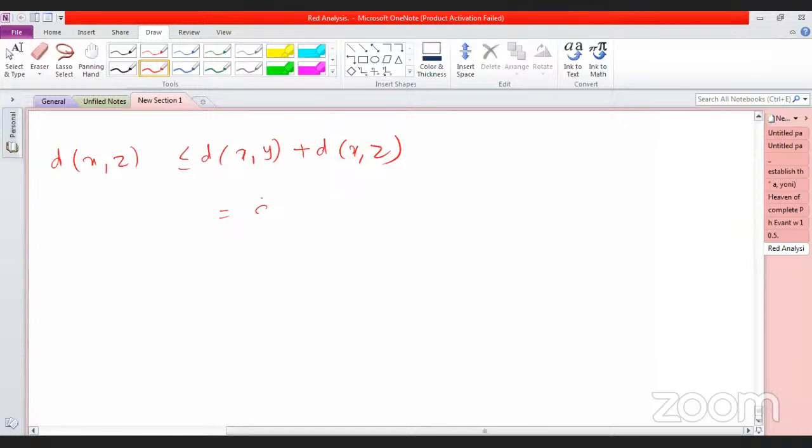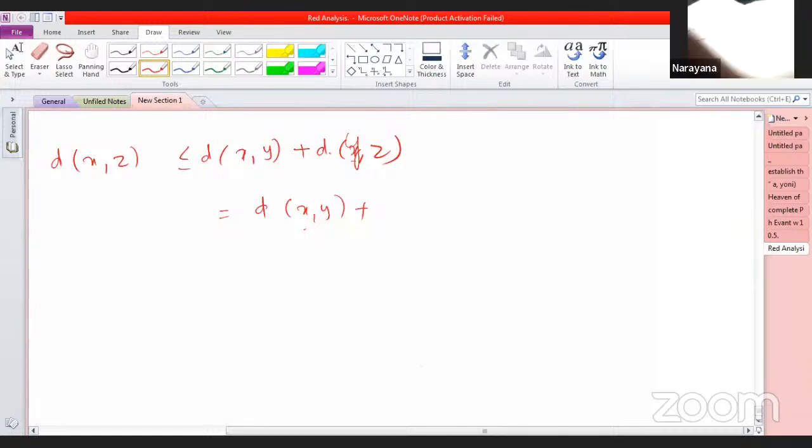So d(x, y) plus r1. Why r1 do we have to write? This is not x, this is y. d(x, y) plus d(y, z) is greater than or equal to d(x, z). Correct?